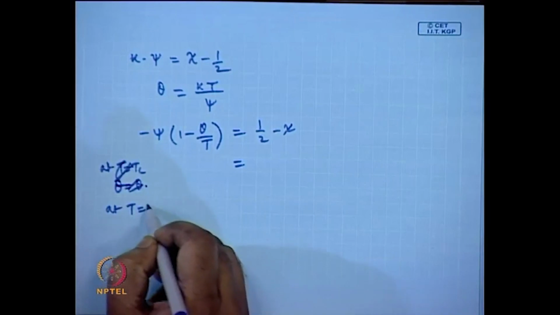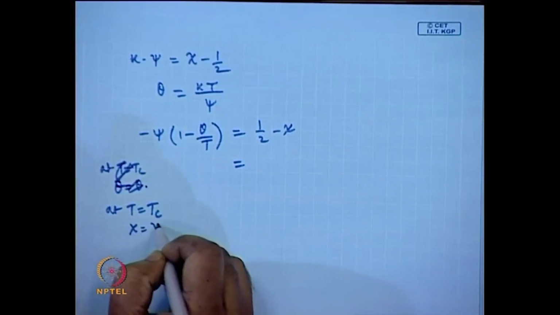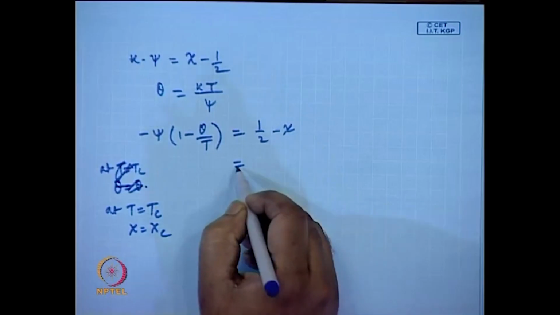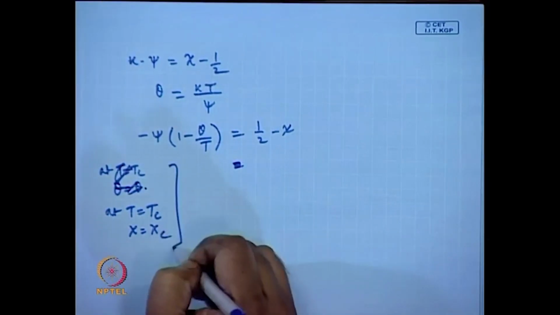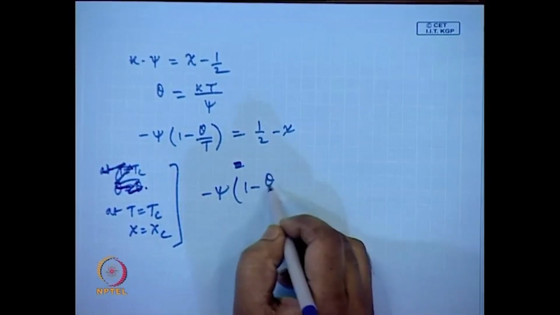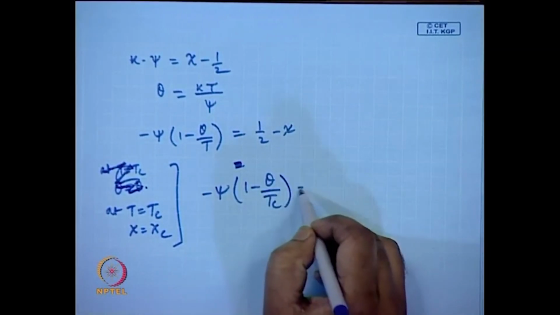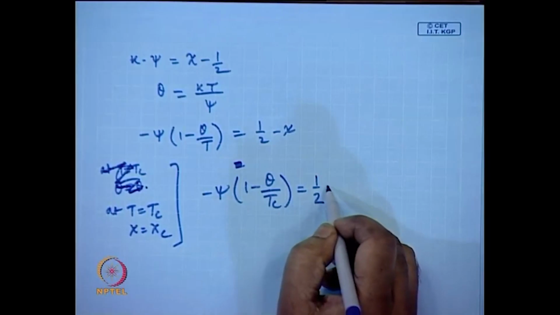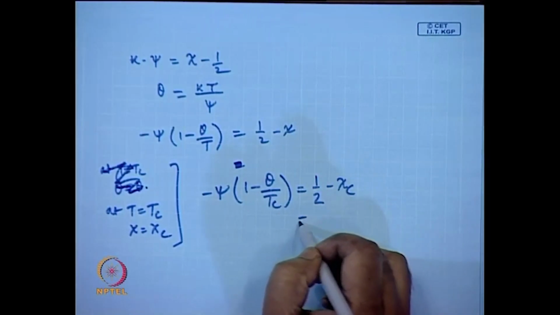At T equal to T c, chi is equal to chi c, so we can write from this, half minus psi 1 minus theta by T c equals chi c.